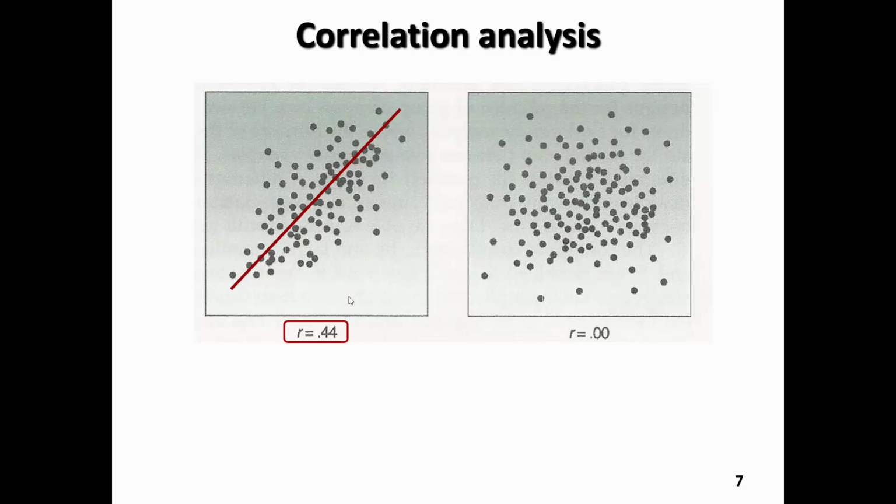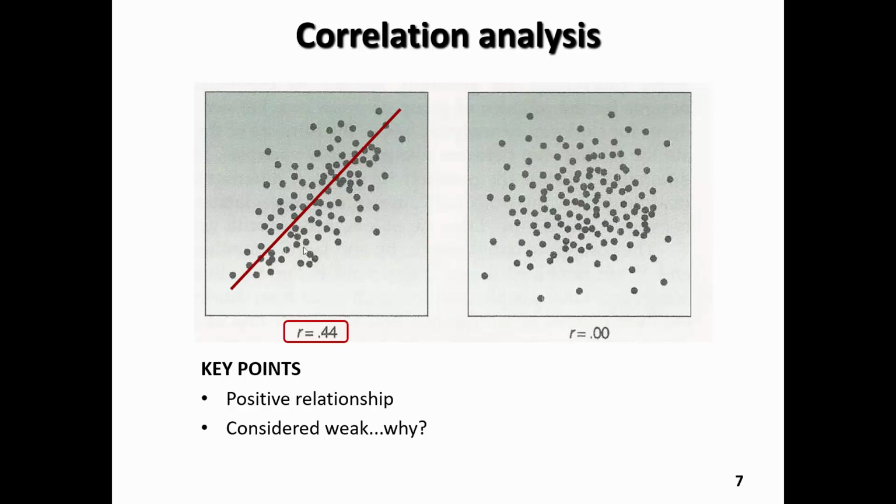So as one variable value goes up, the other variable value goes up, and that's a positive correlation. But there's quite a bit more scatter about that line. So it's far from a perfect relationship, but this would probably be best described as a moderate relationship between the two variables, and that's confirmed by this R value of 0.44.